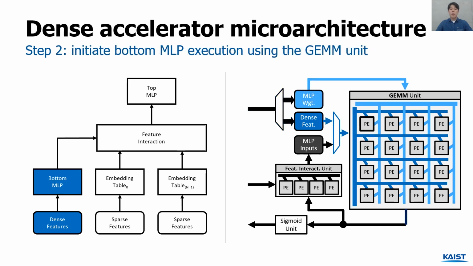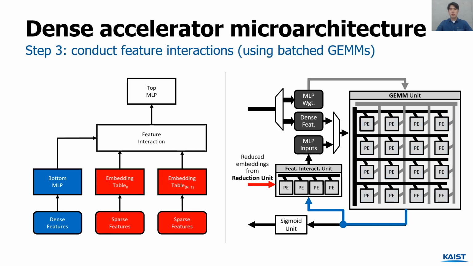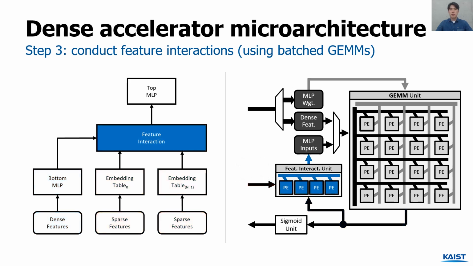Once the tensors are copied to the FPGA, the GEMM unit initiates the bottom MLP computation using the spatial PEs. The output of the bottom MLP is sent to the feature interaction unit, which is combined with the reduced embeddings from the sparse accelerators. To conduct the batched GEMM operation, we model the feature interactions.